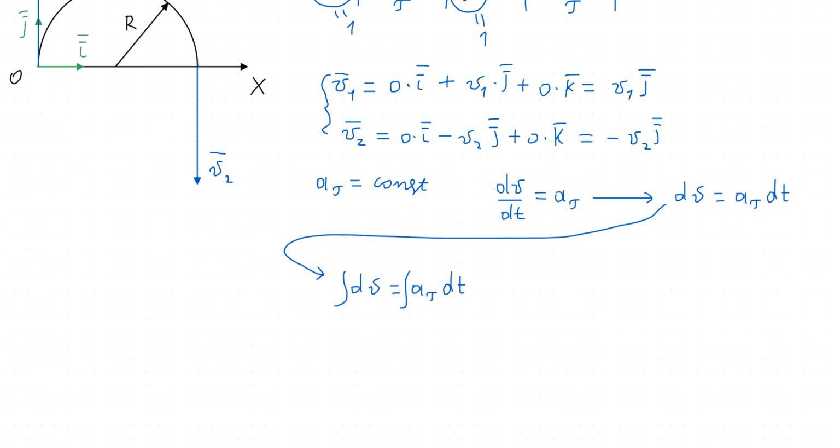So in the lower integral limit, we can write 0 and v1, because at initial time moment 0, velocity was v1.